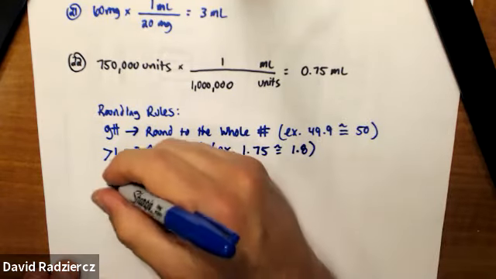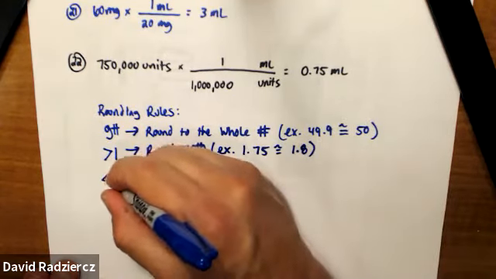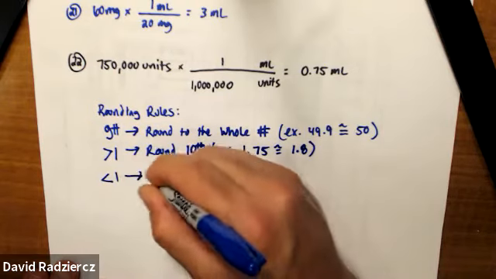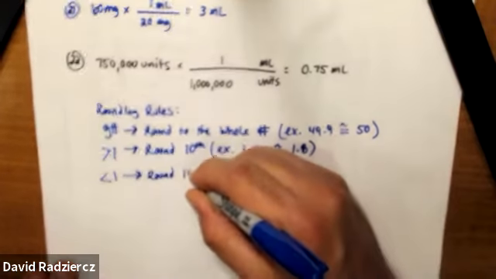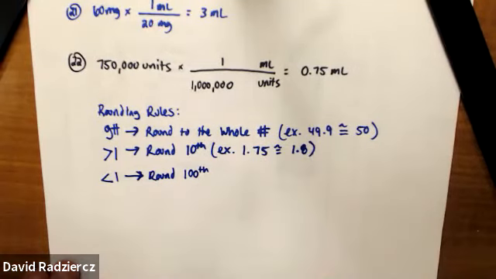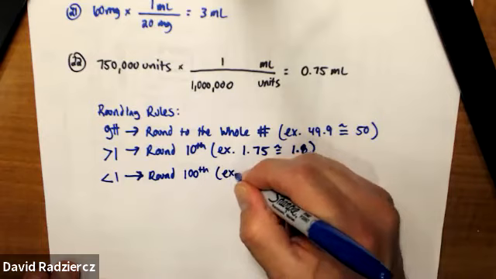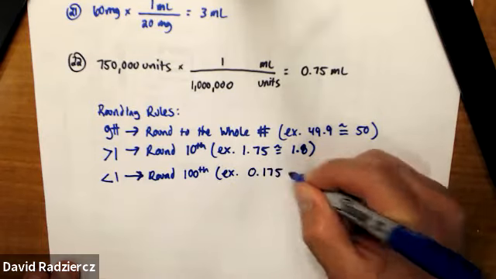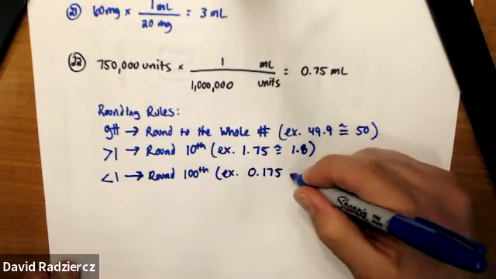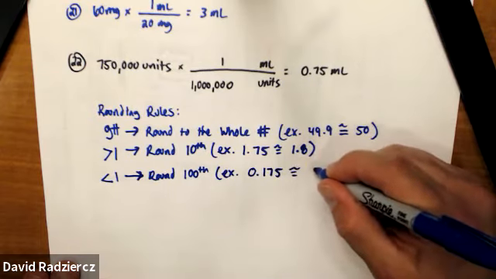And if I have a number that's less than 1, I'm going to round to the hundredths. The example here is, let's say I have 0.175. I would round that to 0.18.